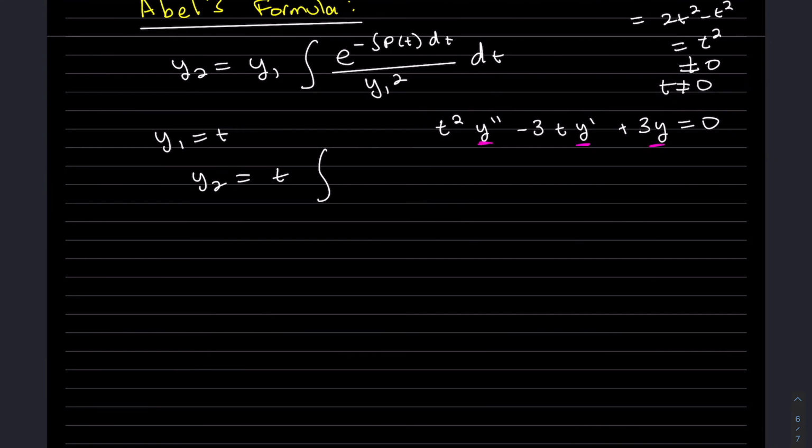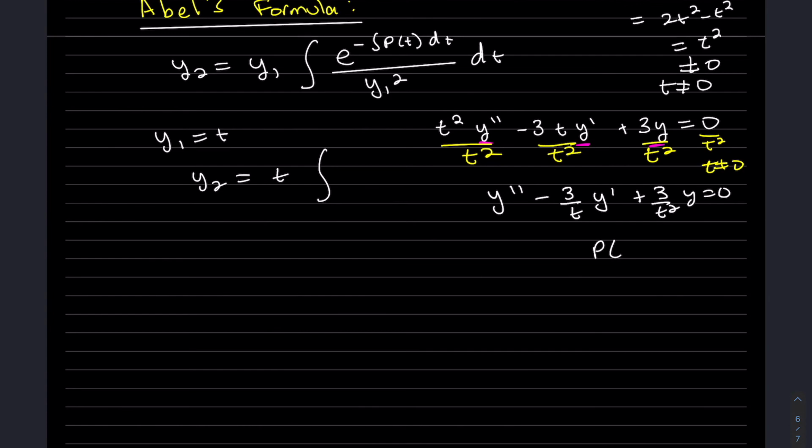So that form assumes, if you remember, t doesn't equal to 0. That's why we're allowed to divide by it. Okay, so it's minus 3 over t.